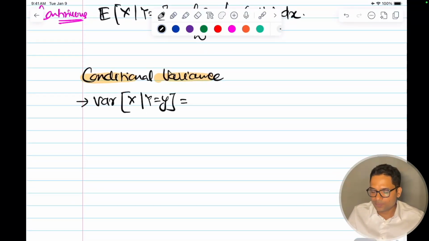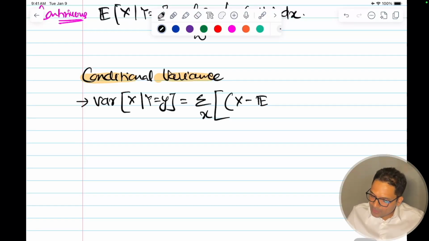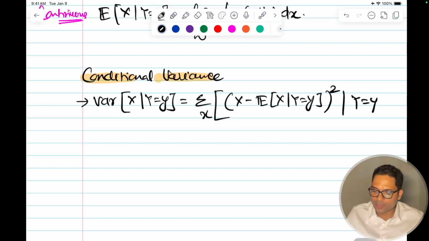This is equal to the summation over x of, and let me be very careful, x minus the expectation of x given y equal to y, squared. So this is the distance of all the points from the mean, squared, given that y has already happened.